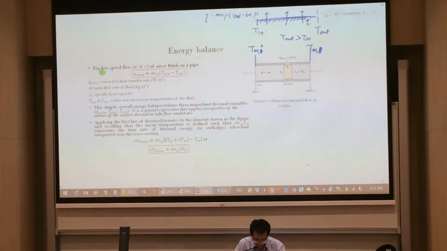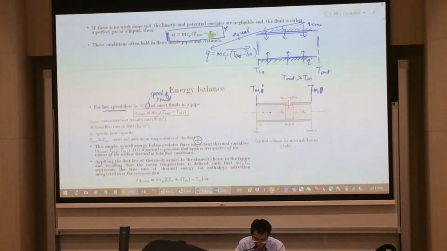So for low speed flow, where this velocity that's flowing in there is less than c, this c refers to the speed of sound. Right? So if that's the case, then based on what we had before, this equation over there, where Q convection is equal to your mass flow rate multiplied by Cp, and the temperature difference between the outlet and the inlet.